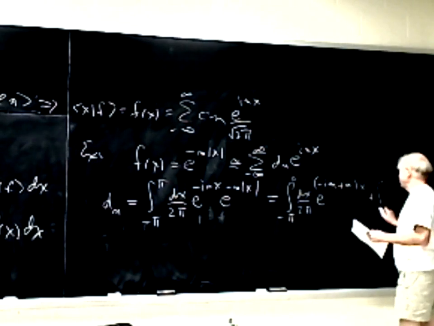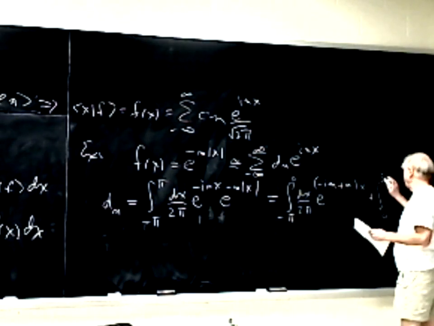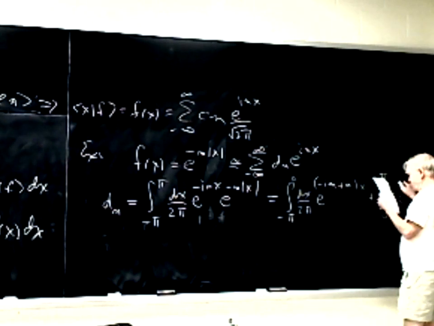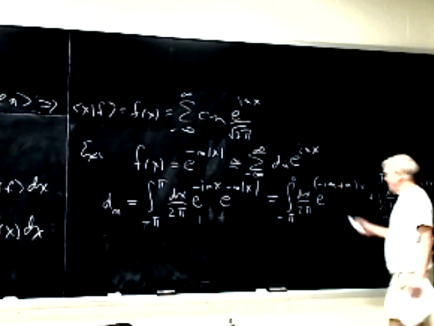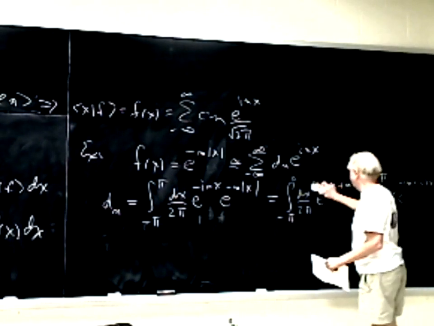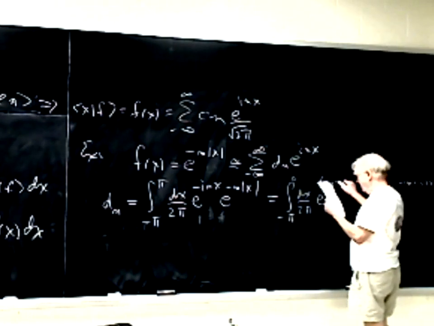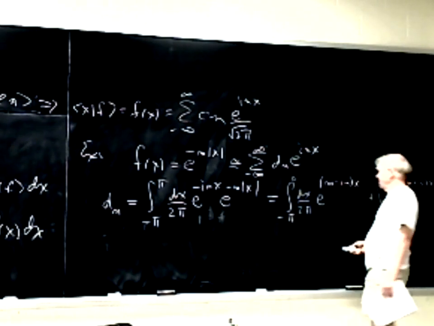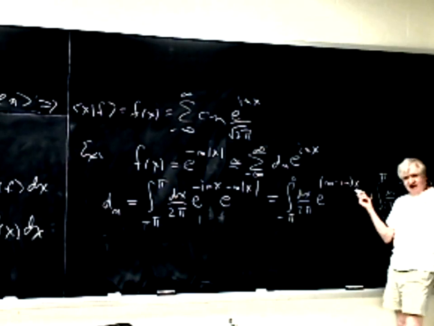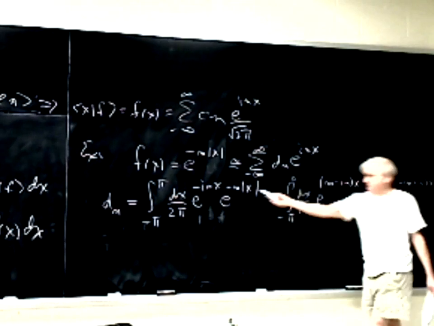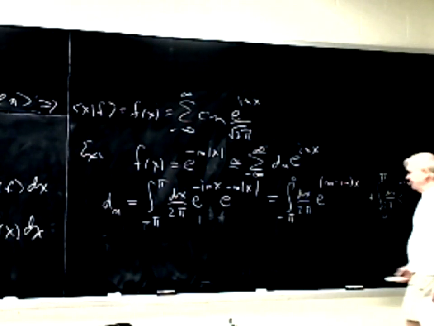And then it's the integral 0 to pi dx over 2 pi e to the minus m plus i n x. And a better way of writing this is the way it's in the notes: m minus i n x. So, in other words, when x is negative, the absolute value of x is minus x, and that cancels the minus sign, and that's why it works out like that.